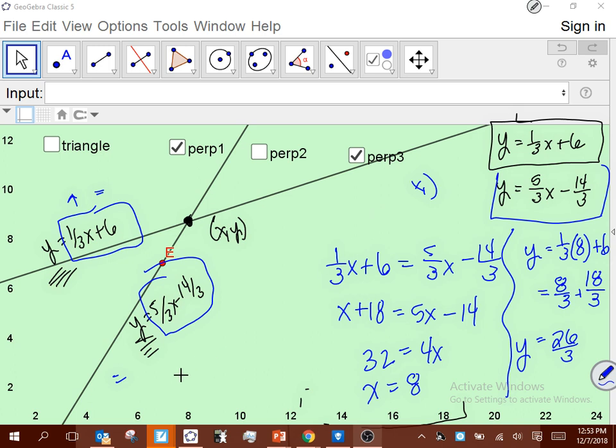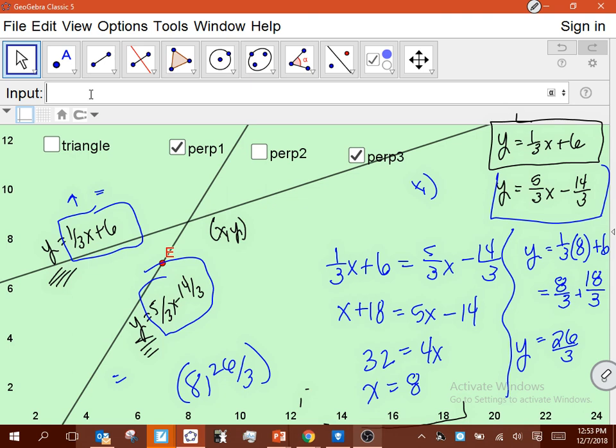So x is 8, y value 26/3. That should be, if we type that in, if I go 8 comma 26/3, it should be that point of intersection, right?